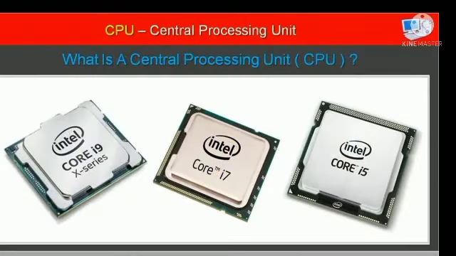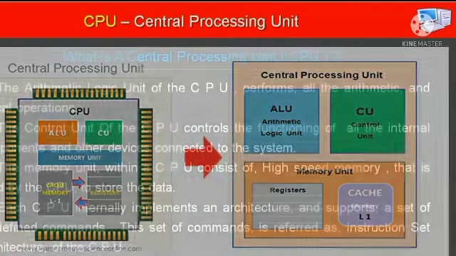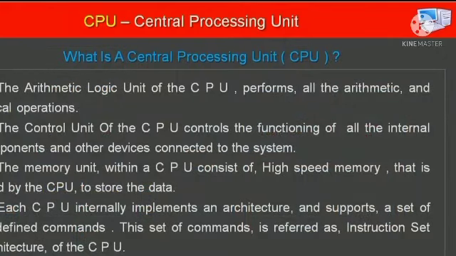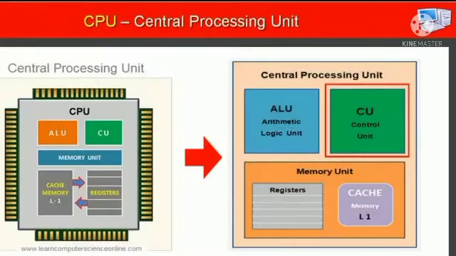Let us look at the architecture of the central processing unit. The central processing unit internally consists of the arithmetic logic unit, control unit, then registers and cache, that is the memory unit in the CPU. The arithmetic and logic unit of the CPU performs all the arithmetic and logical operations. Next is the control unit.